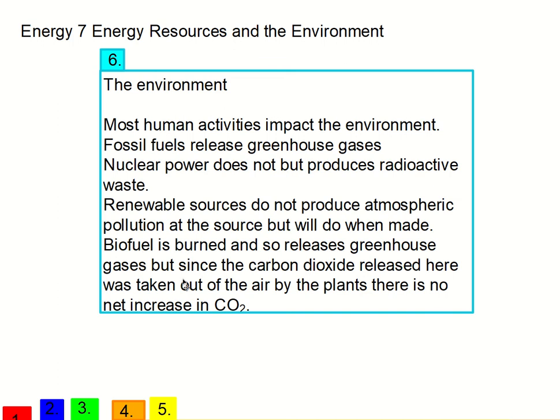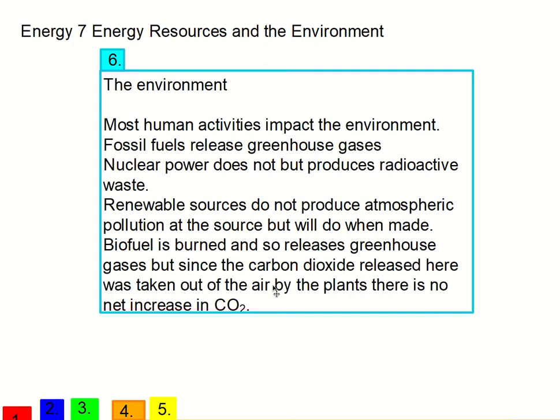This difficult idea is this idea about net increase in greenhouse gases. So biofuel, let's use an example of a tree. If I burn a tree and use that energy to produce electricity, I will also release greenhouse gases. But that carbon dioxide was in the air before the tree started to grow. So the carbon dioxide that the tree releases when I burn it was actually in the air just previously in the first place.